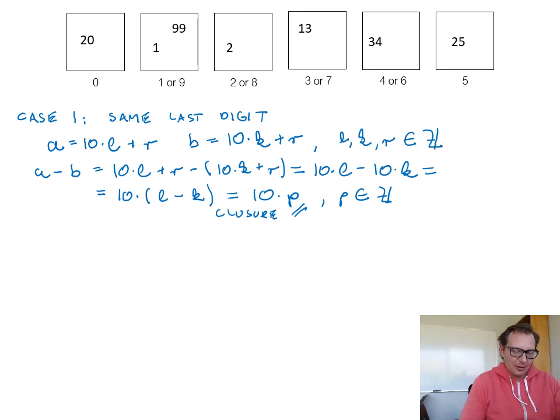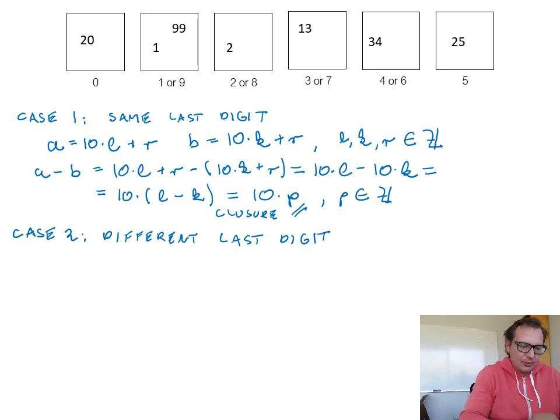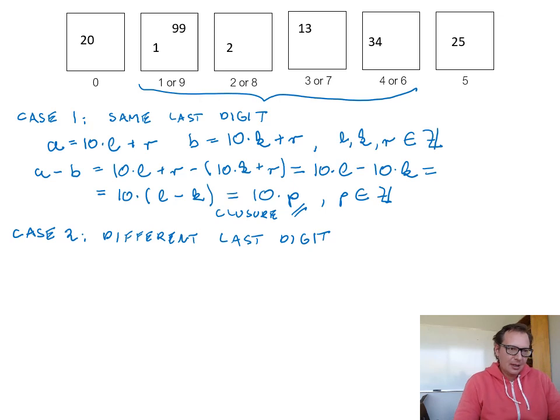Okay, so that's the case when they have the same last digit. And this is very similar to the previous problem we proved. Now, case 2 is a little bit different. So that's where they have a different last digit. So this happens when they land in one of these 4 containers in the middle.